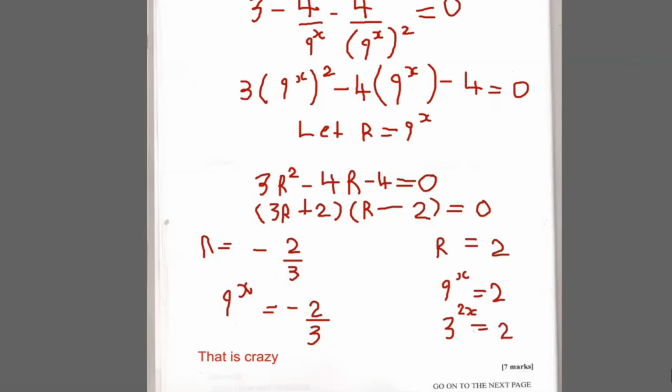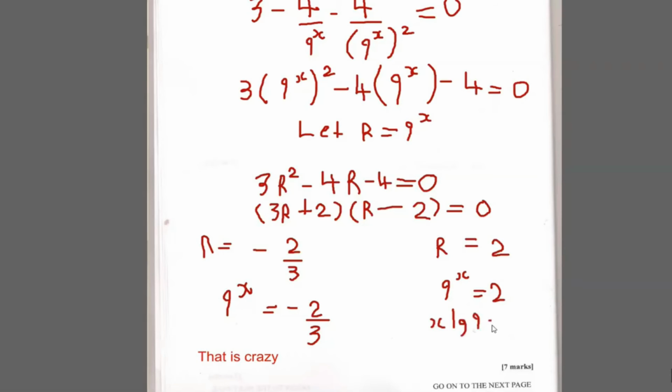Oh, but the base still won't be the same. I'm still going to have to take the log. So let's just take logs. Taking a log of both sides, we're going to get x log 9 is equal to the log of 2.